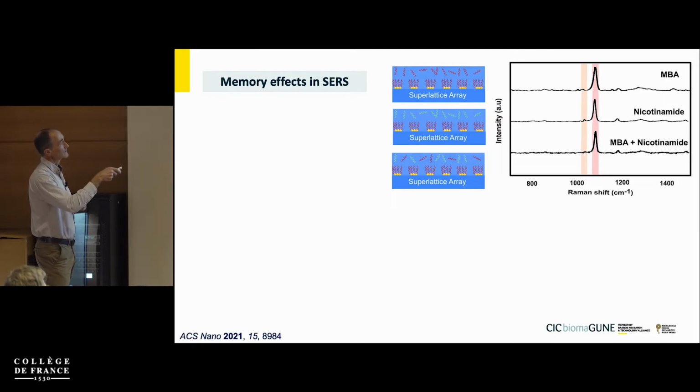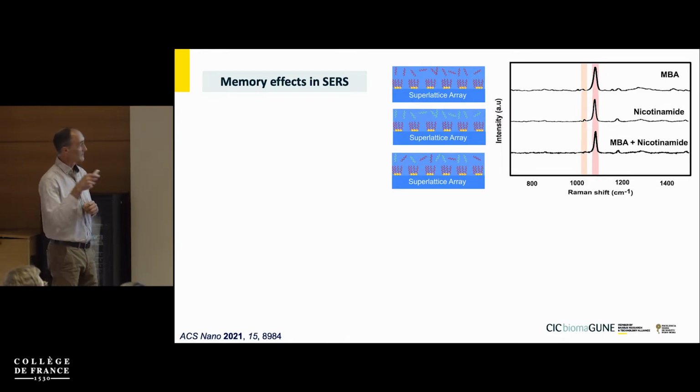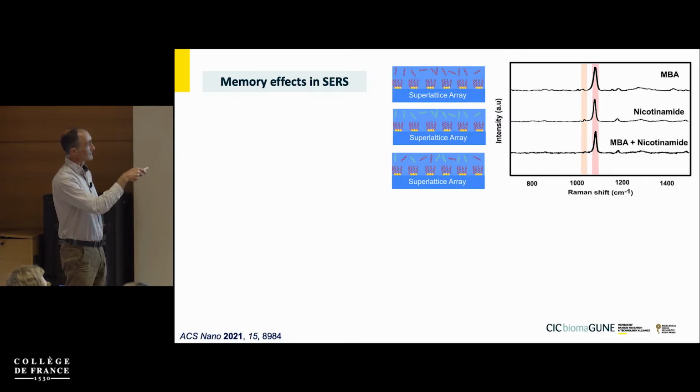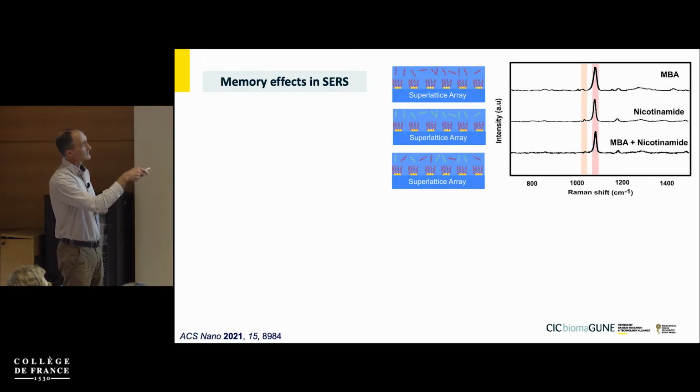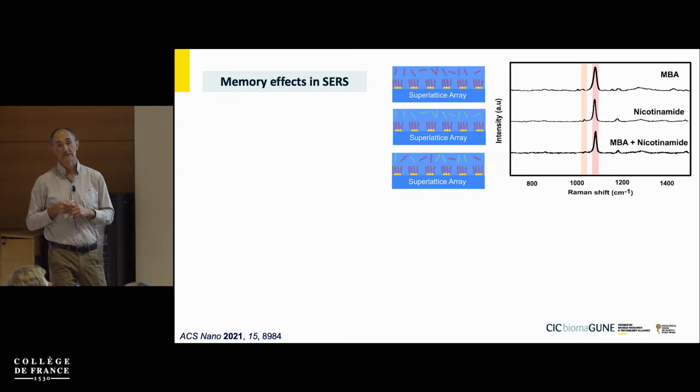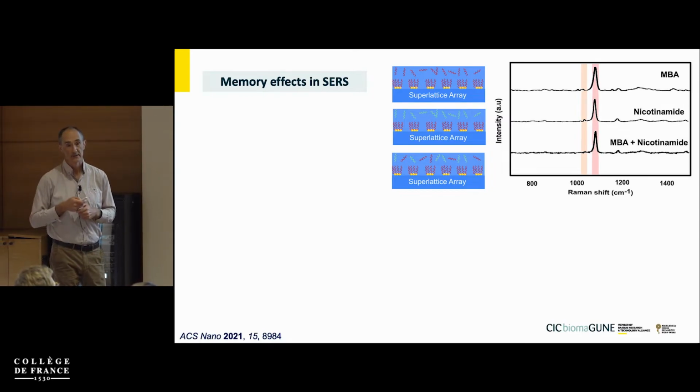Now, even if you clean the substrate and then you dip it again in a solution of another molecule like nicotinamide, which would also like to bind to the particles, and then you measure, you still only see the signal from the MBA molecules that were initially attached on the nanoparticles.